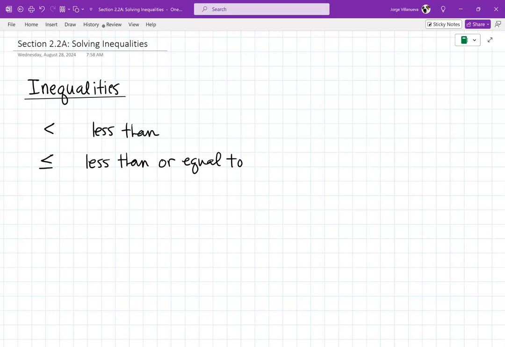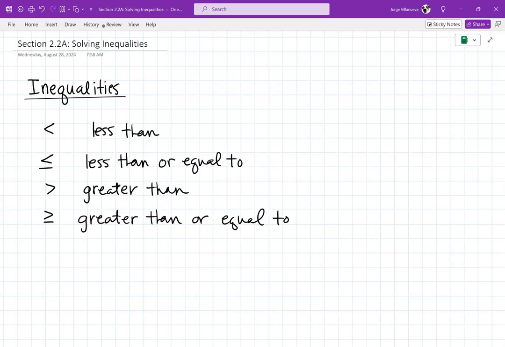Okay, then we have greater than. And of course, greater than or equal to. So remember, less than, in math, we call it strictly less than.